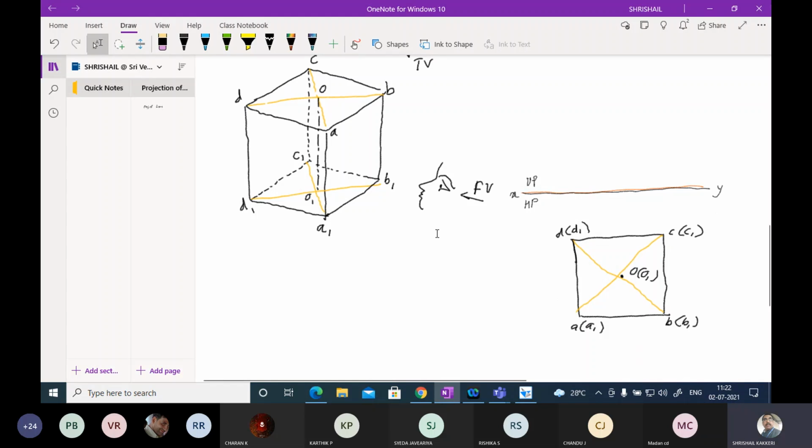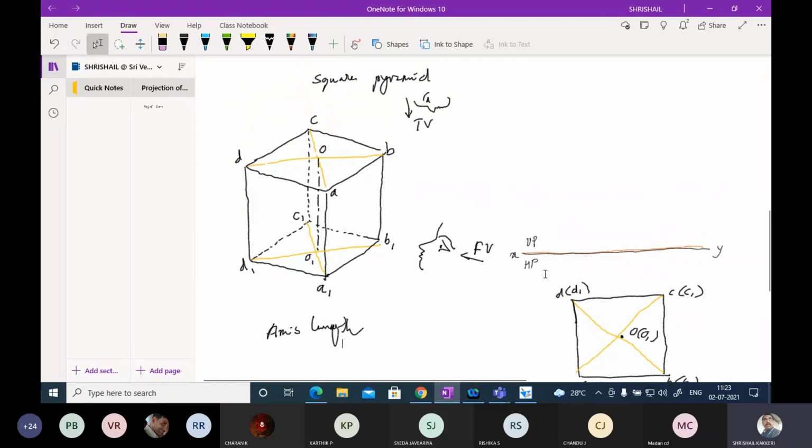Always in the problem they are not giving us the height of this. The height of this is the axis length; the axis length itself will be the height. Now let me project a line.